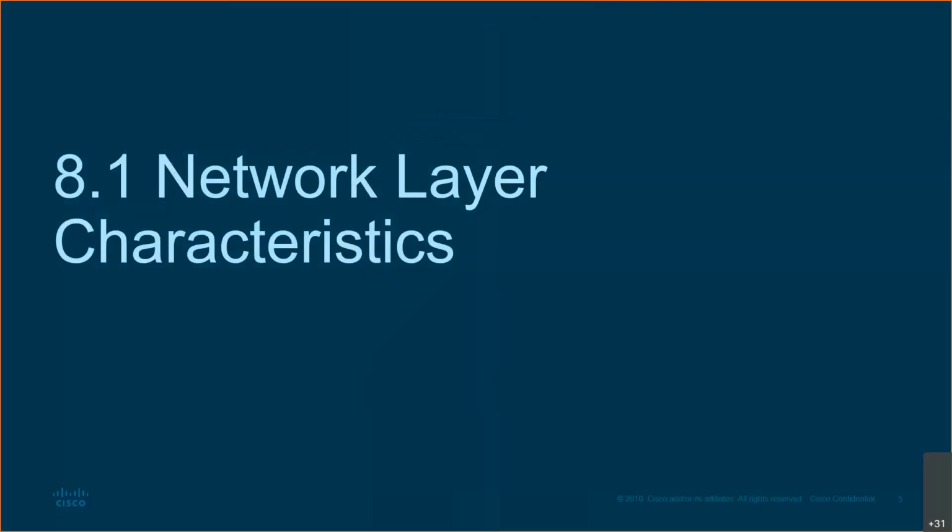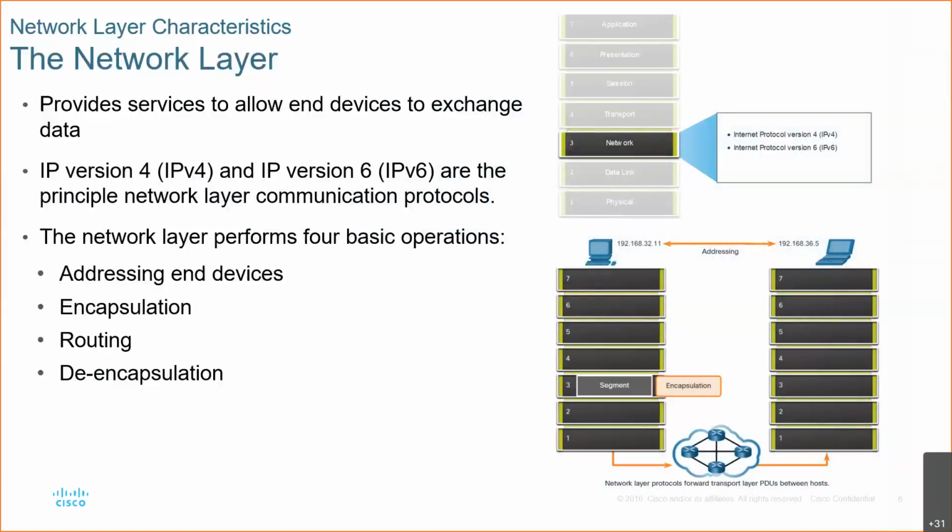First of all, some characteristics of the network layer, the third layer in the OSI model. If you look over here, at the bottom we have our physical layer, which goes up to the data link layer, then the network layer, then the transport layer, session, presentation, and application.